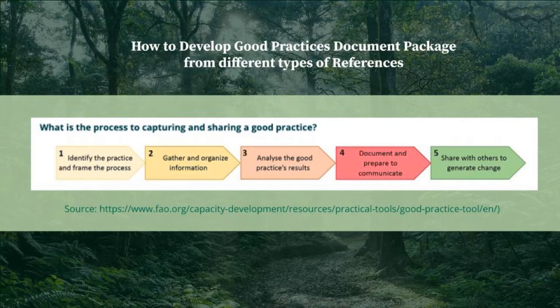First, you identify the practice and frame the process. Next, you gather and organize information. Then you analyze the good practice results. After that, you document and prepare to communicate. And finally, you share with others to generate change.